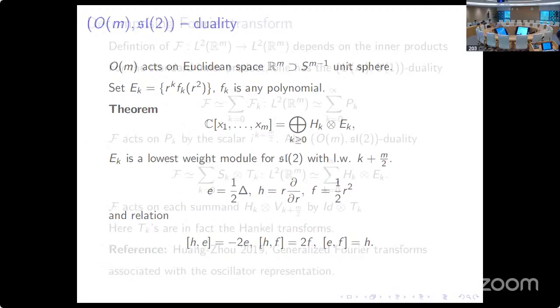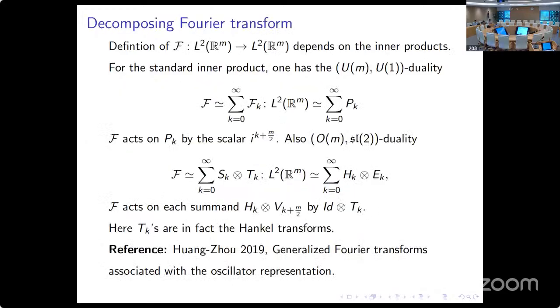So then the Fourier transform, the operators on L2 of R^m, is also decomposed. Let me first describe the most obvious decomposition: those functions you consider, the dense subspace is the polynomials.